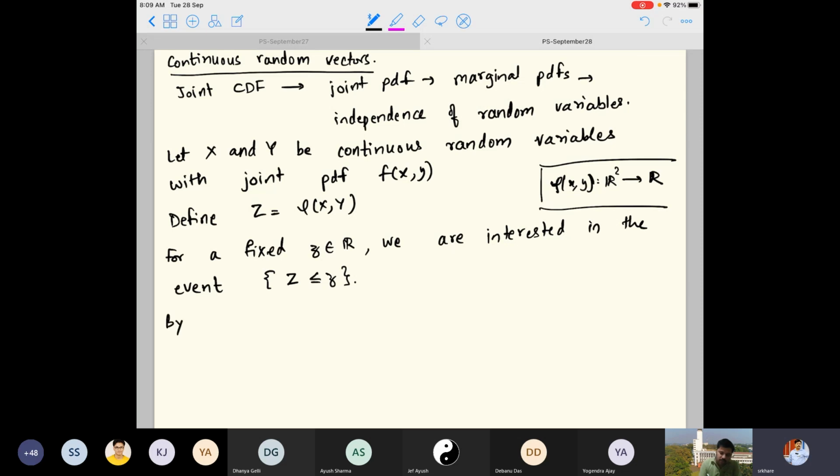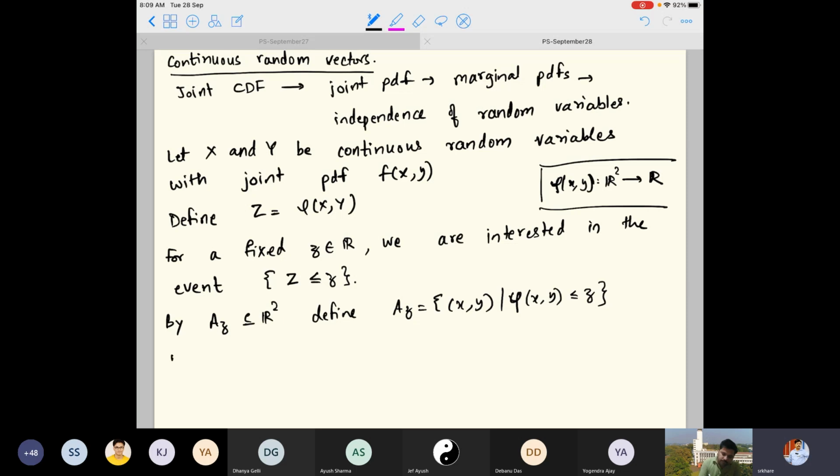Okay. So now I define by AZ a subset of R2, define this. Okay, so this AZ is defined like this: the set of all pairs xy such that phi of xy is less than or equal to z, because you have phi of xy as your transformation, right?